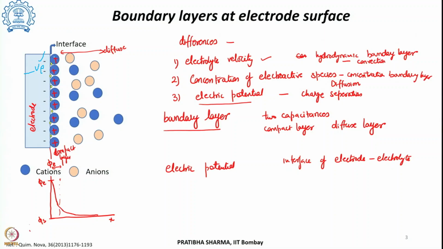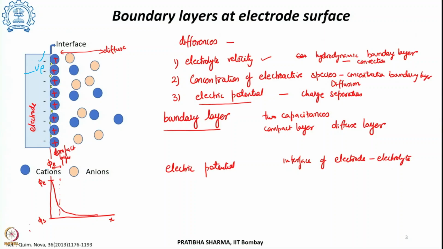The positive ion will be attracted to the electrode surface, and here a compact layer will form. Just beyond the compact layer, the diffusion layer will be there. In the diffusion layer, the ions are scattered. This is called the diffusion layer, and this is called the compact layer.